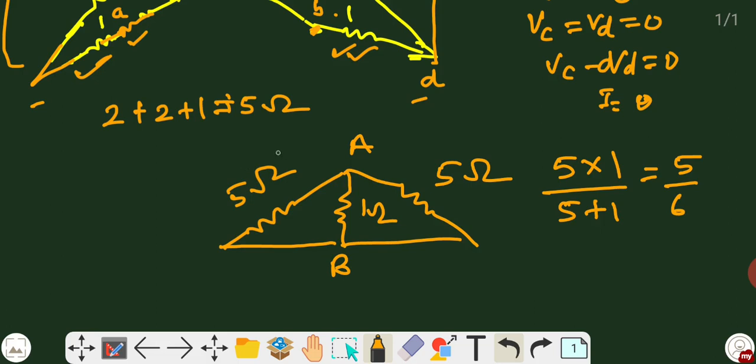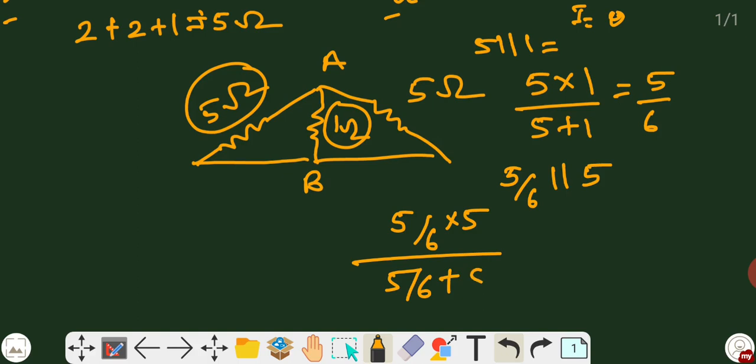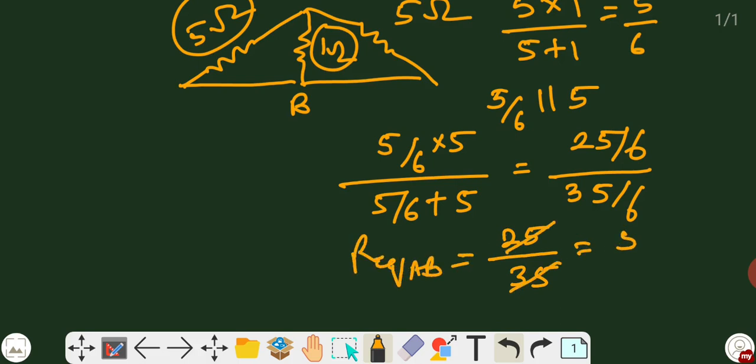So 5 and 1 are in parallel. And then that 5 by 6 is again in parallel with the 5 ohms. So 5 by 6 into 5 upon 5 by 6 plus 5, that is 25 by 6 upon 35 by 6. Finally you get the equivalent resistance across A and B, which is 5 upon 7 ohms.